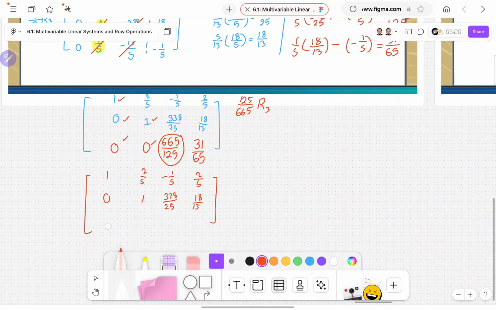Then we have 0, 0, 1, then 125 over 665 times row 3, which is equal to 31 over 65. Okay, so the answer will be 1551729.